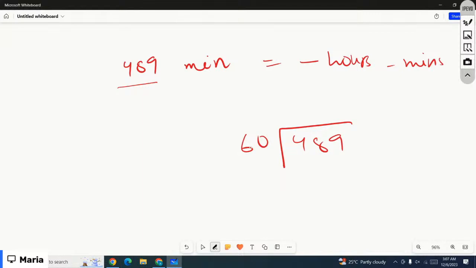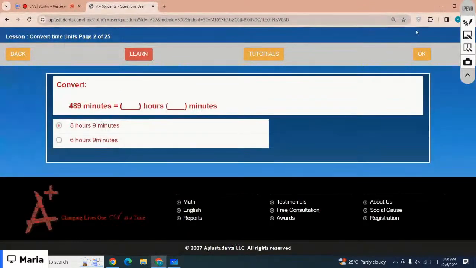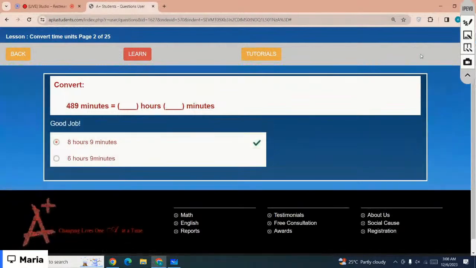You cannot divide 48 by 60, so you have to multiply 60 times 8. 8 times 6 is 48, so you have 480, right? 489 minus 480 is 9. That means you have 8 hours and 9 minutes. The correct option is 8 hours and 9 minutes, right? Yes, very good. That is option number 1.